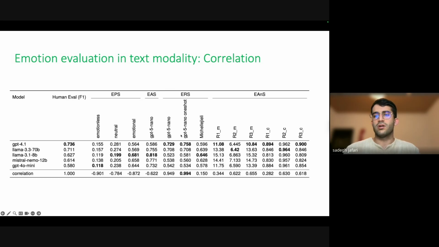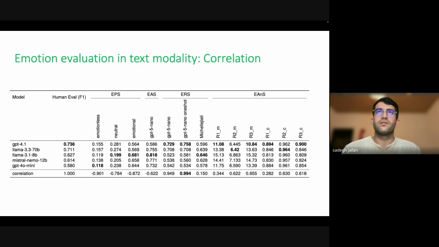Both are in the ERS group, as in the emotion recognition score family of metrics actually. And for one of them it is 99%, for another one it is almost 95% in correlation. Both use GPT-5 nano, one in 0-shot setting, one in 1-shot setting.